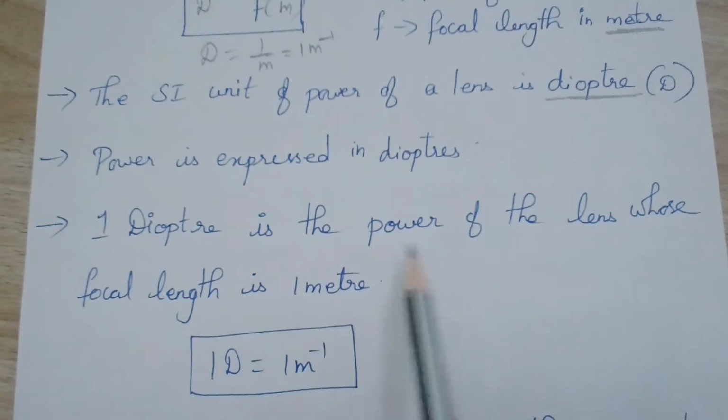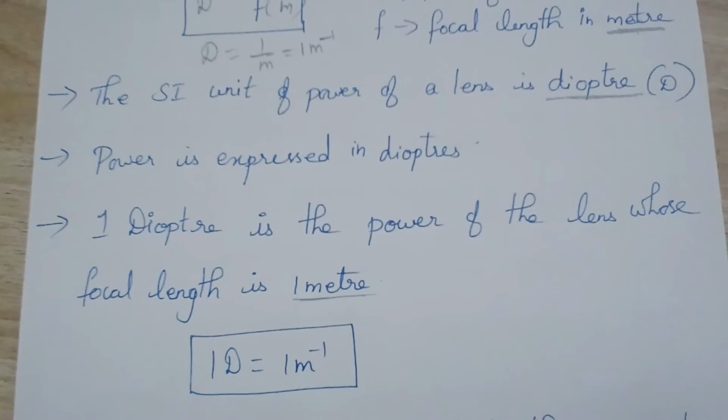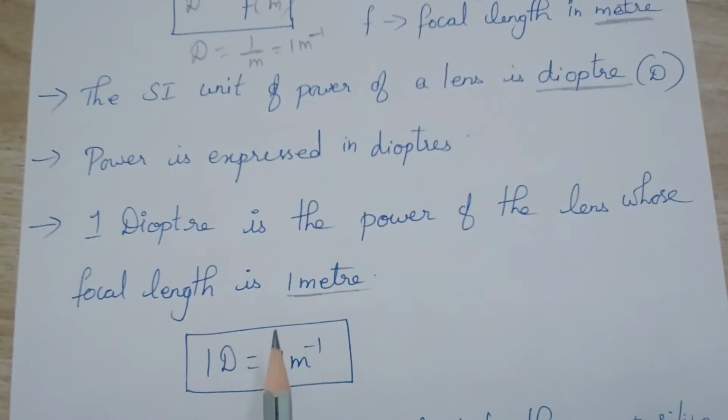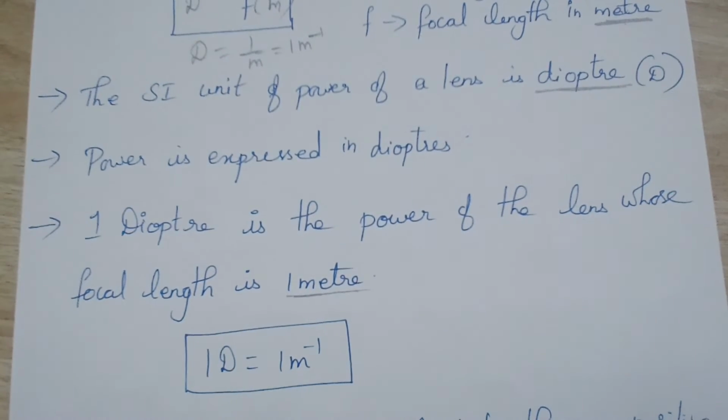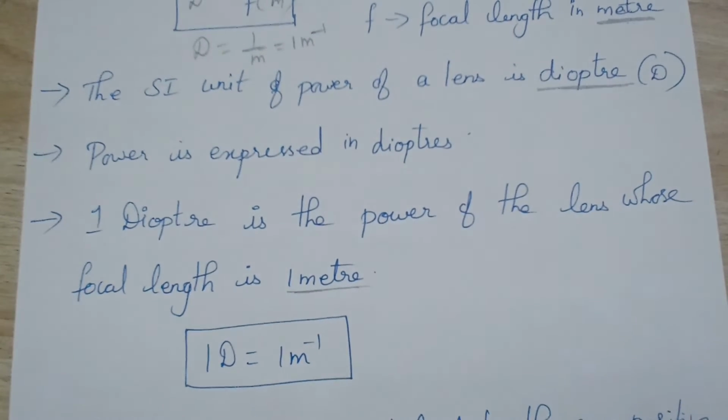So 1 diopter is the power of the lens whose focal length is 1 meter. Okay, for a lens whose focal length is 1 meter, you will get the power of the lens as 1 diopter.